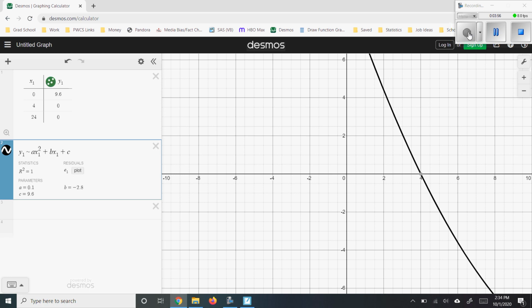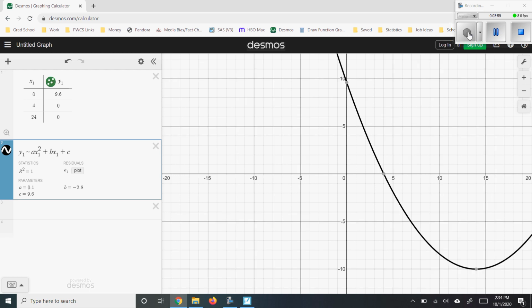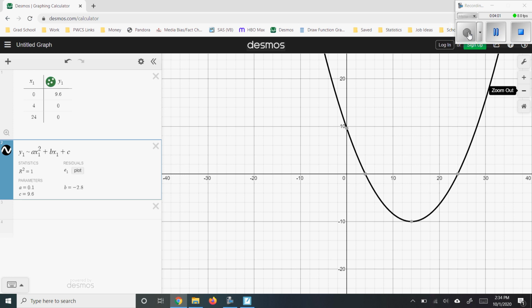We can also zoom out by pressing this minus button. It shows you the graph along with the points that we've graphed, or along with just a bunch of points. Okay, so A is 0.1, B is negative 2.8, and C is 9.6.